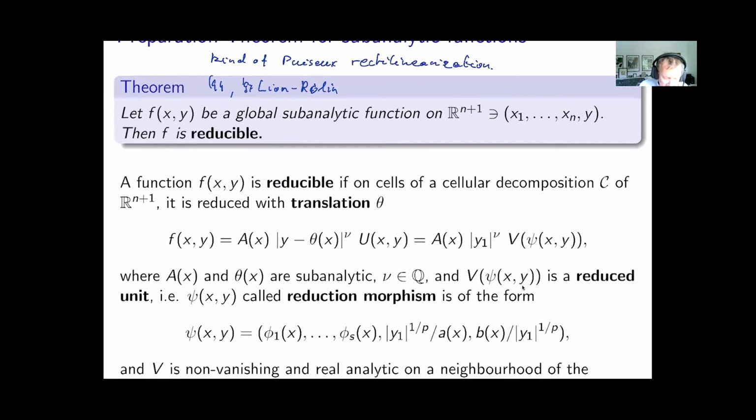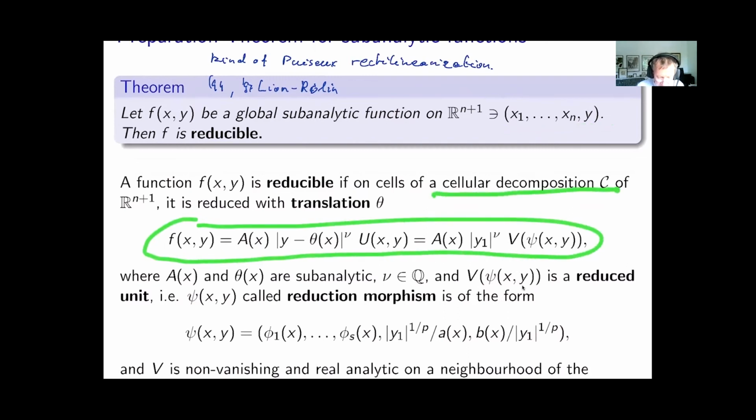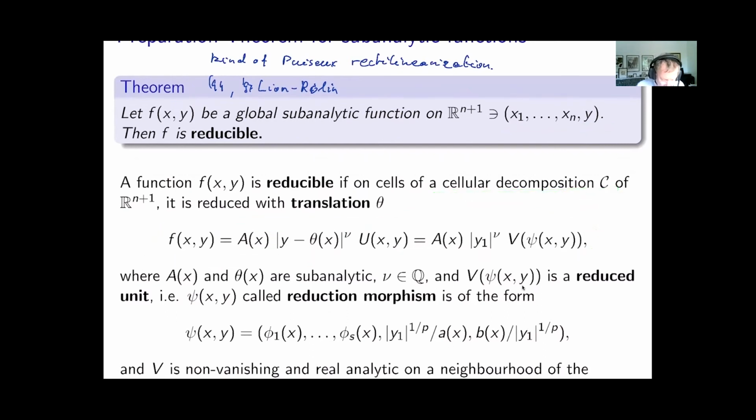So now the variables are, there is one distinguished variable, so that justifies this notation when I put x and this special variable y, which is fixed, for which you do not assume any kind of genericity. And any function on pieces, on those cells, which are definable, or here subanalytic, can be written in this way.